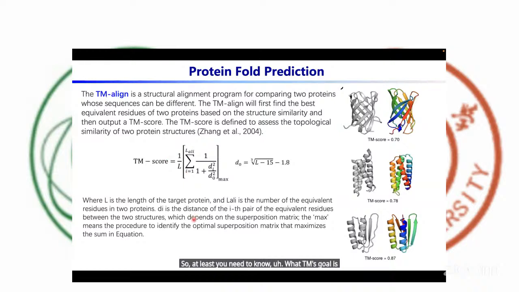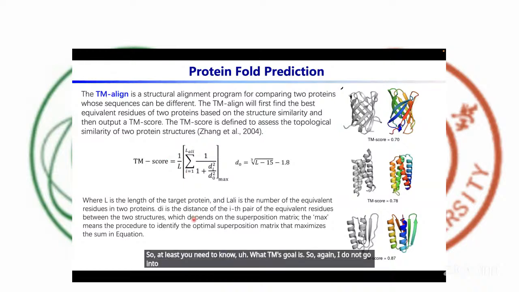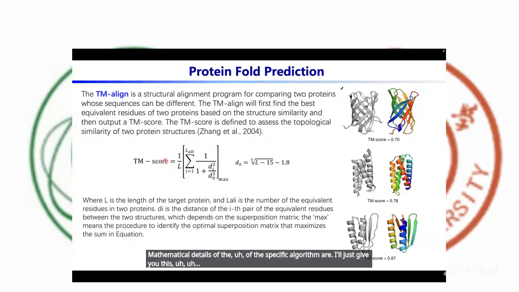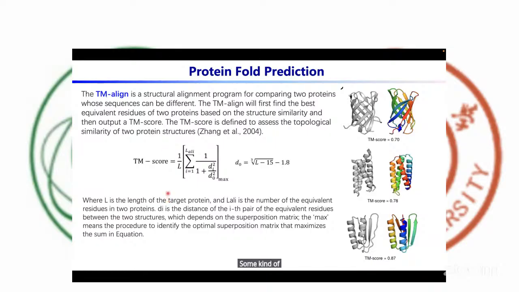Again, I do not go into the technical mathematical details of the specific algorithm. I just give you some kind of lead. If you are interested, you can follow the lead.